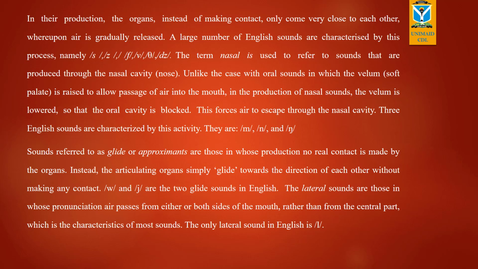You have W and Y. In some literature, they are referred to as semivowels or syllabic consonants. Depending on how we term them, they are here referred to as glides or approximants. And there are two. W, Y, as in English sounds.